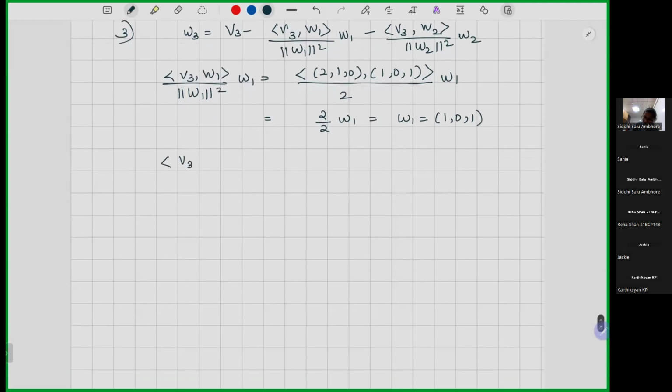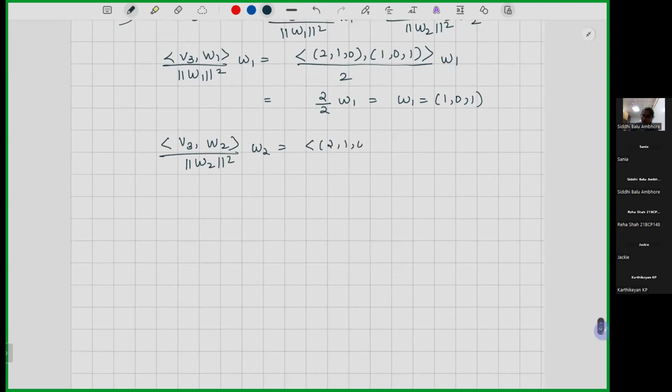The second element is V3 and W2 by norm W2 squared. If you have any doubt, please let me know. It is the inner product of (2, 1, 0) and the second element, which was (1/2)(1, 0, -1), by the norm of 1 by 2, and W2.